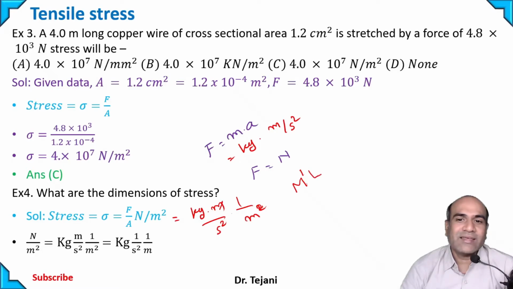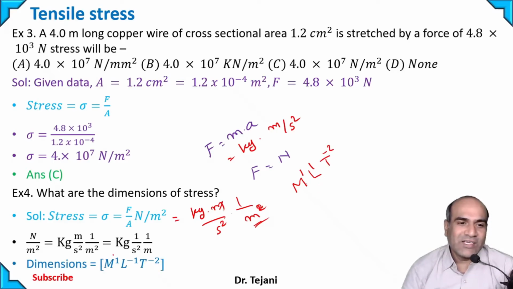Then for the length, meter, we have minus 1. And for time, we have 2, but minus. So the dimensions are M 1 L minus 1 T minus 2. Since it is in the denominator, it should be minus 1, and it stays minus 2.